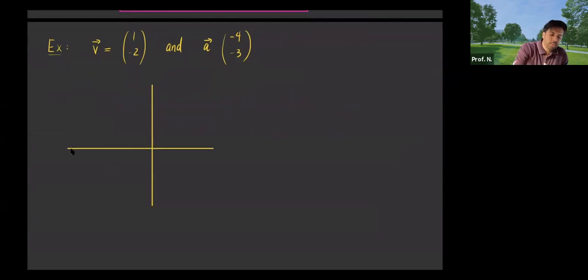Let me draw this out just to give us an idea of what's going on. I got 1 and -2. So I have this vector here, called this V, and then I'm going to have -4, -3.